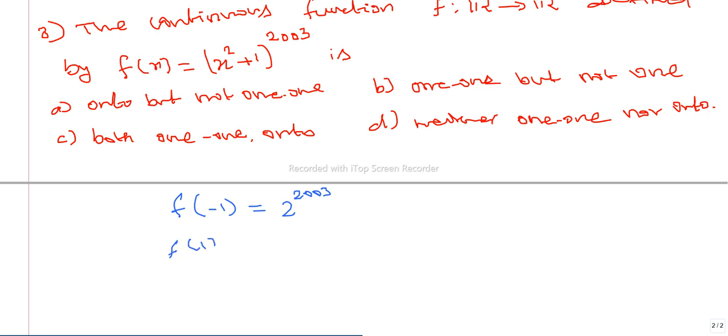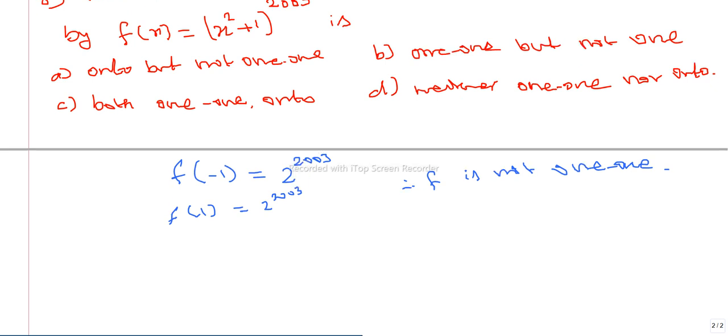Similarly, f of 1 is also 2 power 2003. The elements are different, but the images are the same, therefore f is not one-to-one. Different elements match to the same element, therefore it's not one-one.